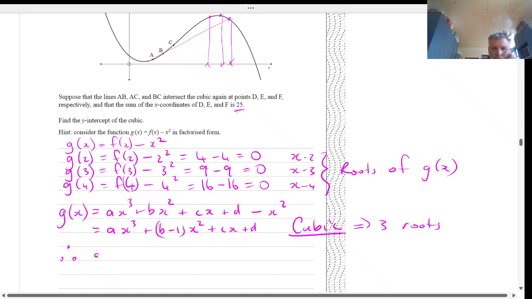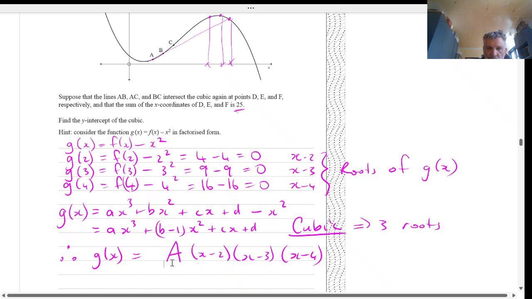Therefore, g of x can be written in factorized form using these 3 roots. It's not exactly these 3 roots. I left some space. There needs to be a coefficient that you can put in front that will flatten or stretch. But we know the points where it cuts the x-axis.